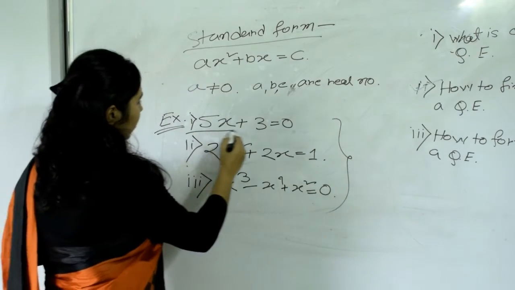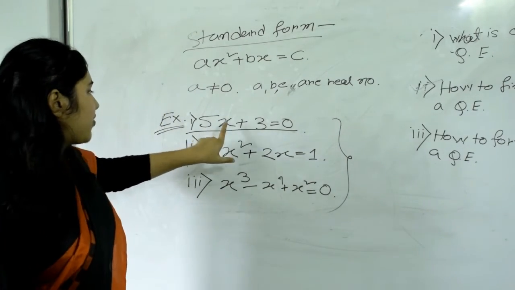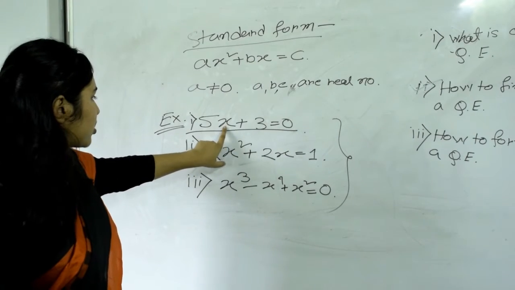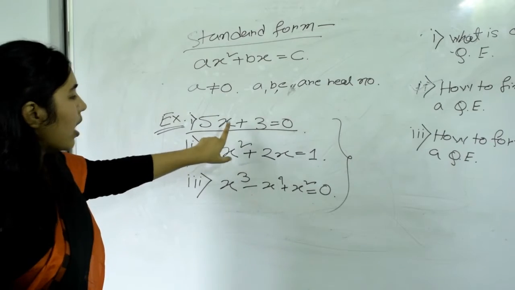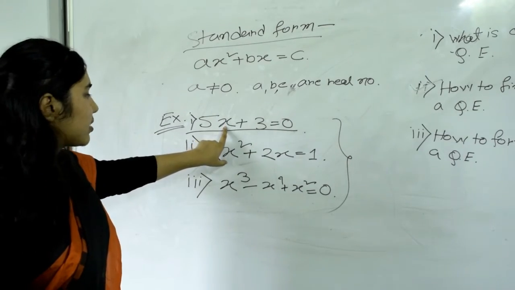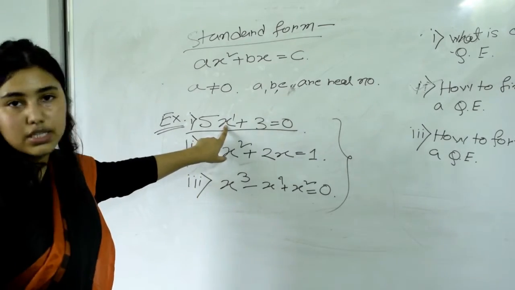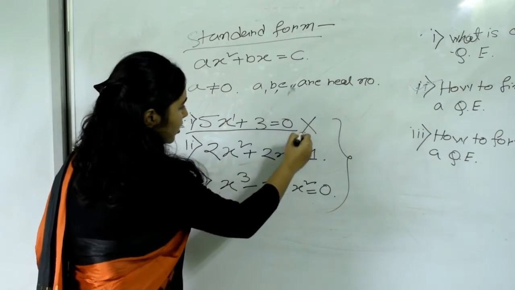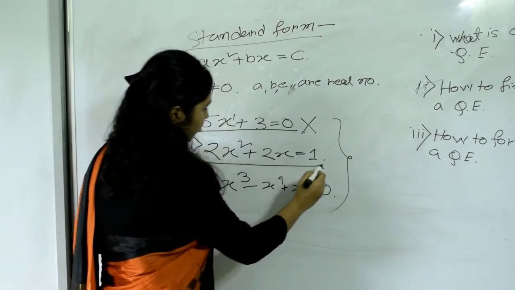So first, check the first equation. Here, the variable is x, which is one variable. Now, consider the highest power of x. Here, the highest power of x is 1, right? So, this is not a quadratic equation. Next, come to your equation 2.